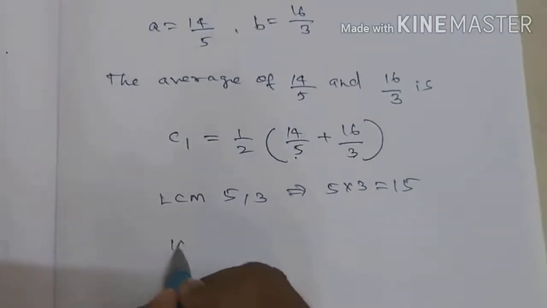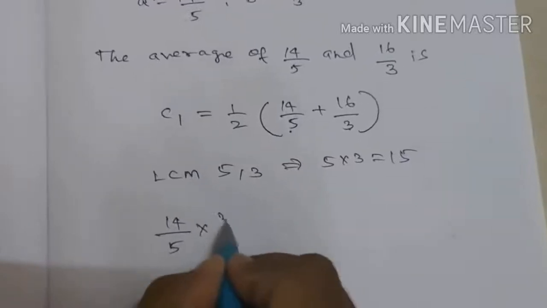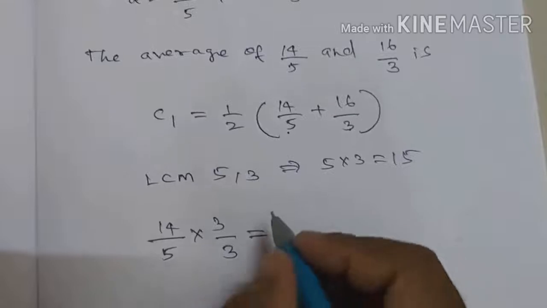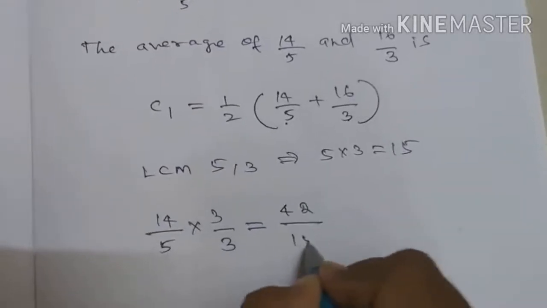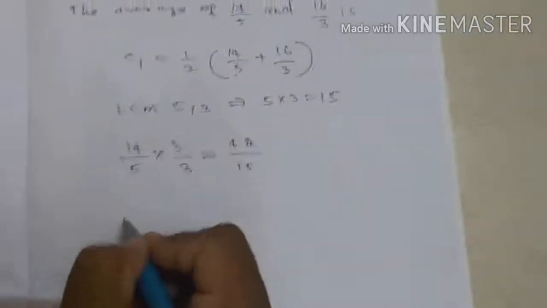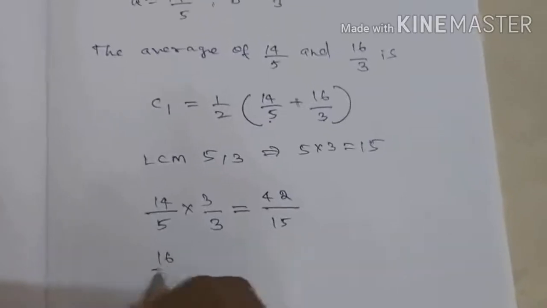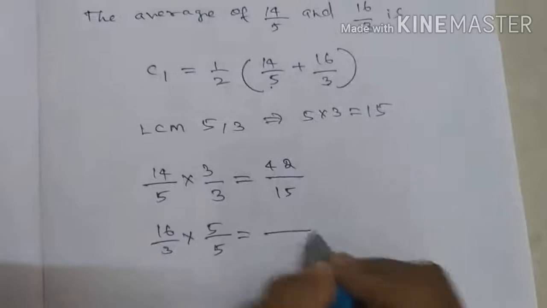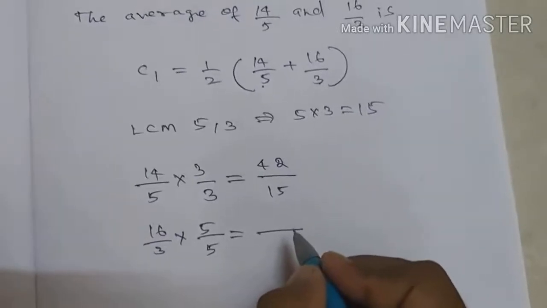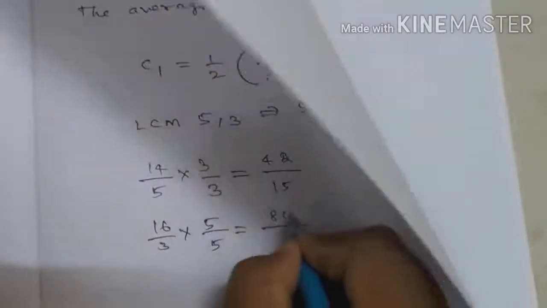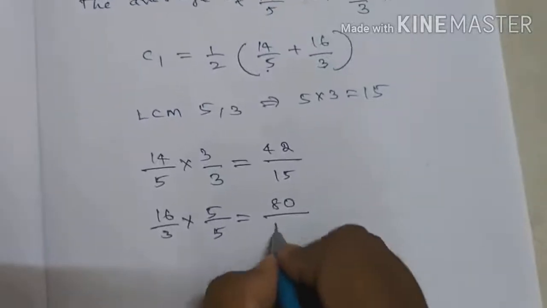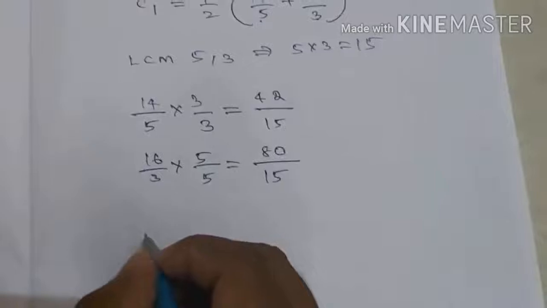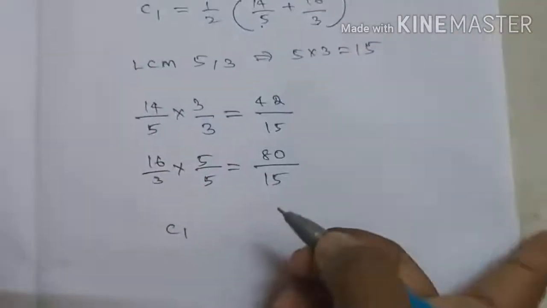As usual, 14/5 multiplied by 3/3, because 5 threes are 15, gives 42/15, and 16/3 multiplied by 5/5 gives 80/15, since 16 fives are 80 and 3 fives are 15. Now we calculate the C1 value.